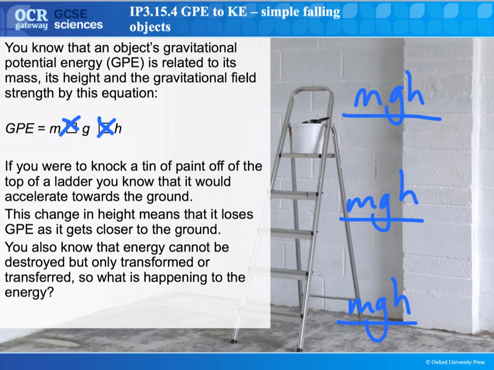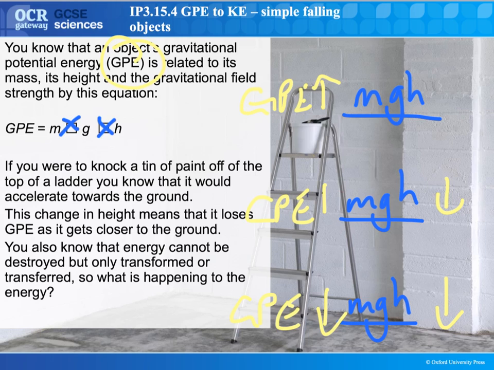The mass of the object does not change, but the height changes. The height is lower as you are further down, further through the fall. So the object's GPE, the amount of gravitational potential energy, is lower the further down you are. So at the top, the gravitational potential energy is the most, and it decreases as it falls.